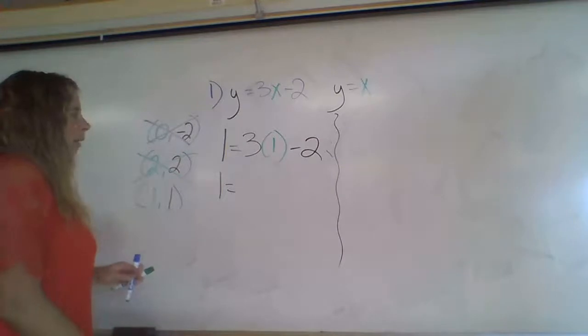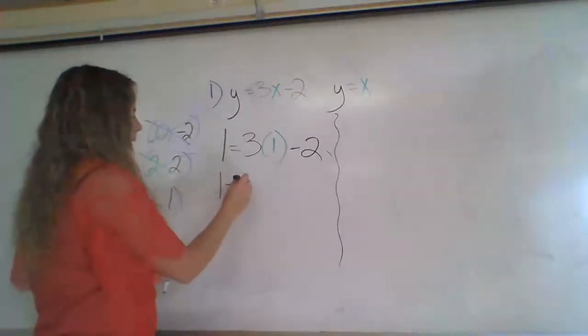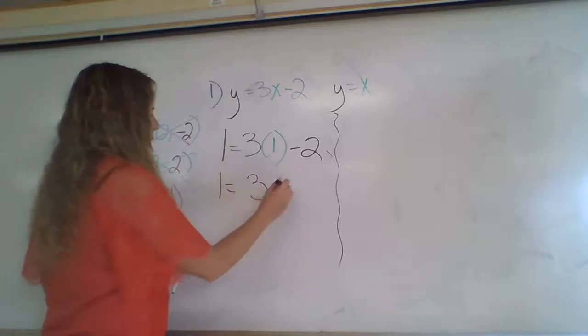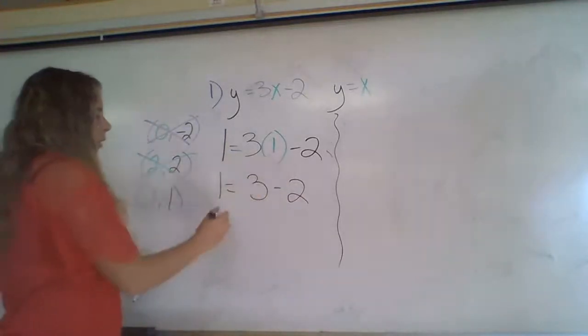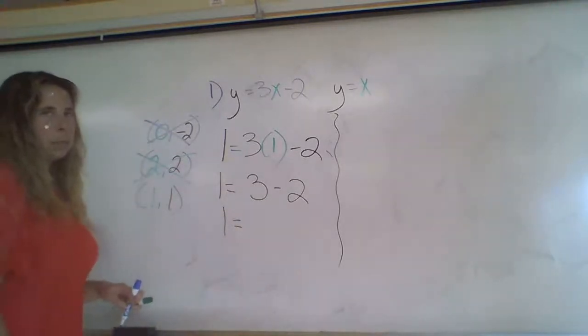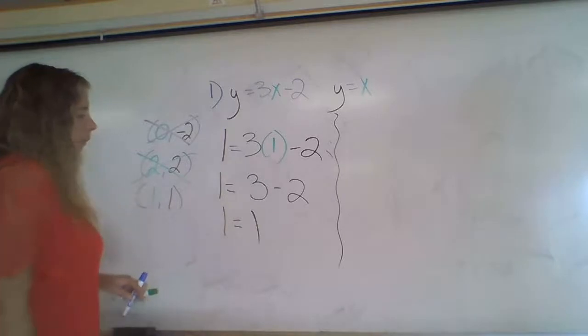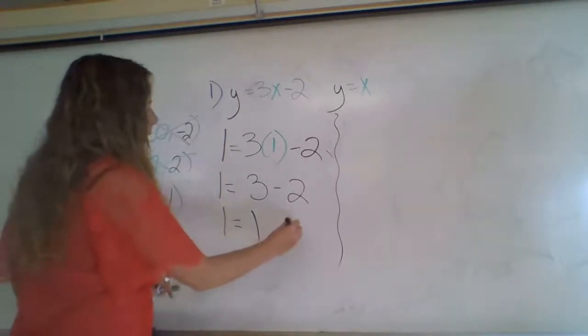And simplify it. 3 times 1 is 3. And then rewrite the minus 2. So you get 1 equals 3 minus 2, which is 1. So 1 is, in fact, equal to 1, so that works.